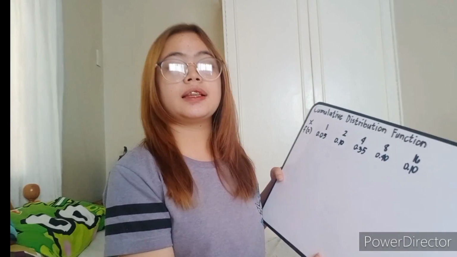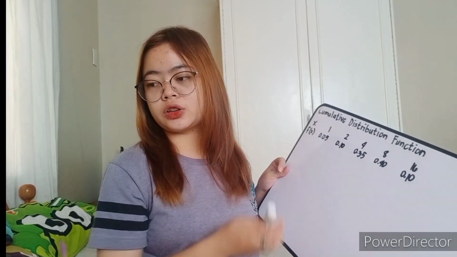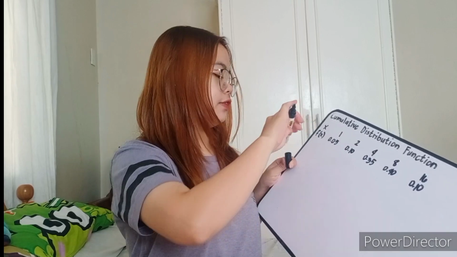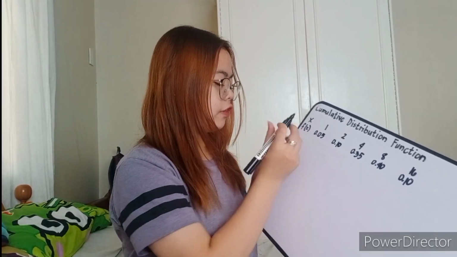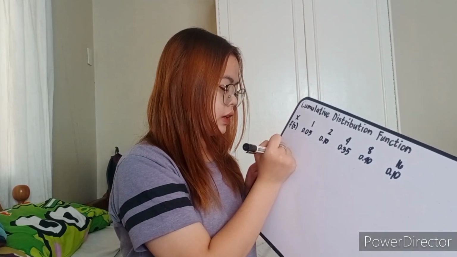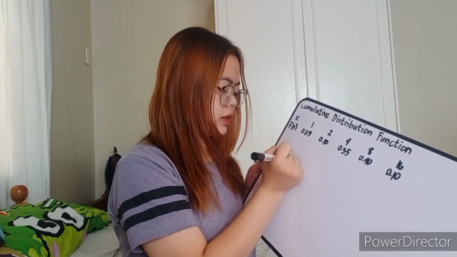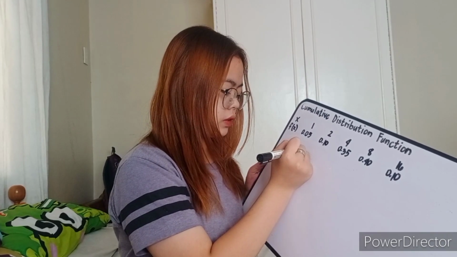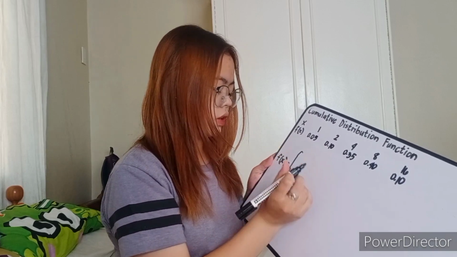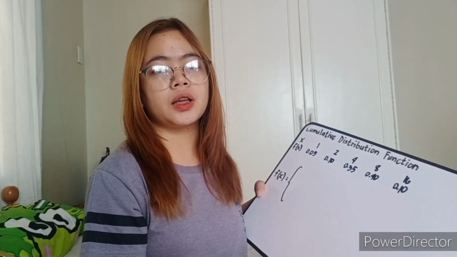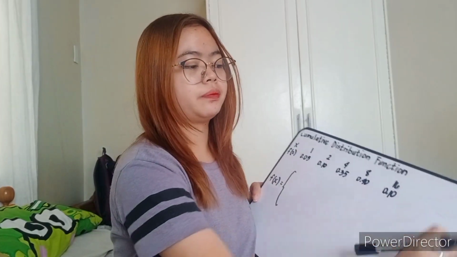Ngayon, i-create na natin yung ating cumulative distribution function. So, CDF. So, F of x is equals to, isulat ngayon natin yung cumulative na nakuha natin kanina, cumulative na probability.